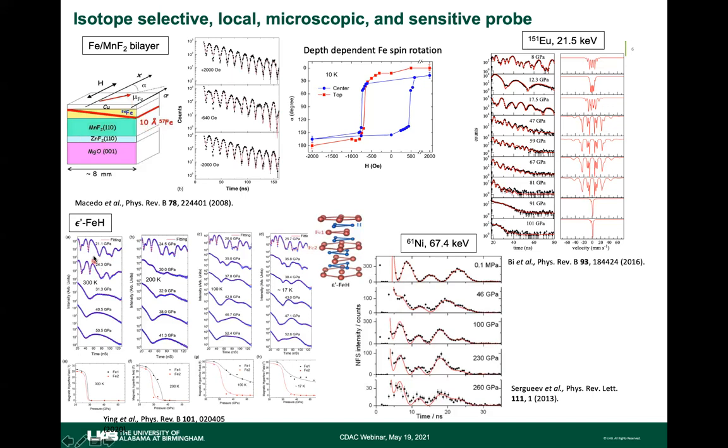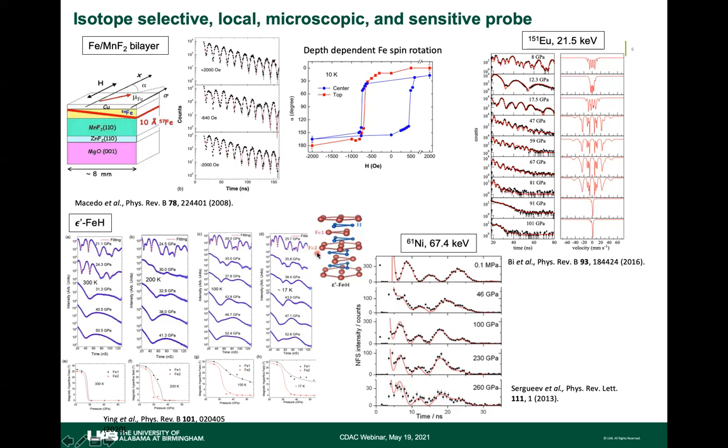And then the next example here is a recent work done on the epsilon prime phase of iron hydride. From the synchrotron Mössbauer experiment, by fitting the data, we actually resolved two iron sites shown in this crystal structure here, iron 1 and iron 2.